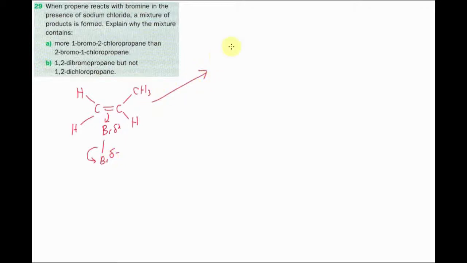So in terms of our intermediates then, we could have the double bond springing open like this, and the bromine adding on there, and then the positive charge ending up on carbon 2. And we've got the bromide ion there ready to add on.